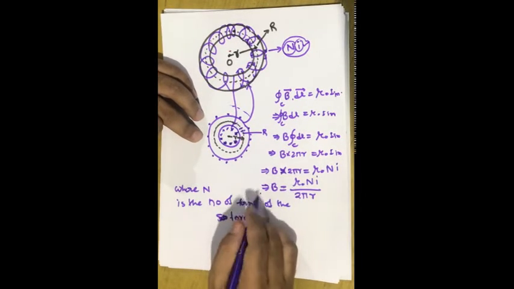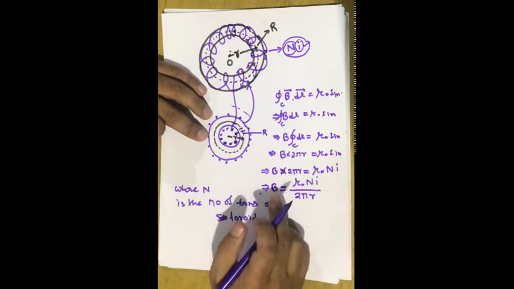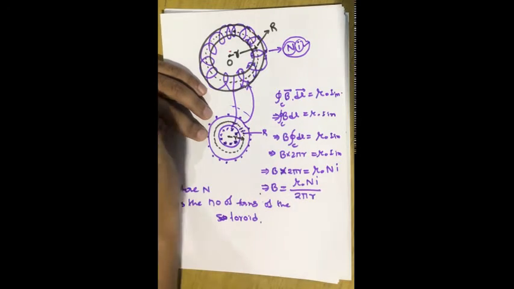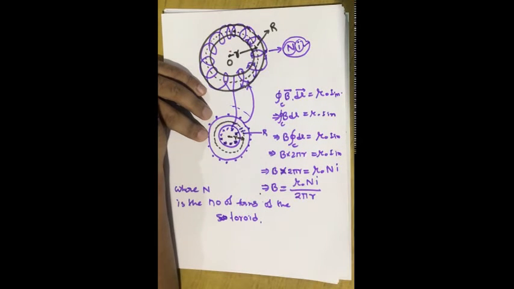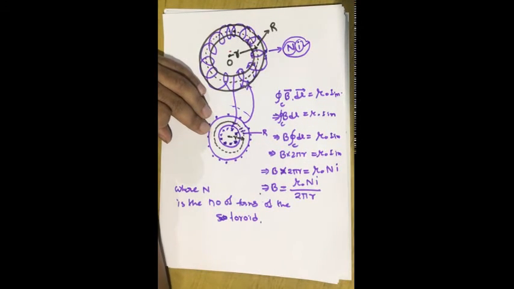Okay, so therefore using this Ampere's law, what we have found is that B is equal to mu naught capital N I divided by twice pi into small r. Okay, now we can do a further calculation. You see, capital N is the total number of turns of the toroid, right?